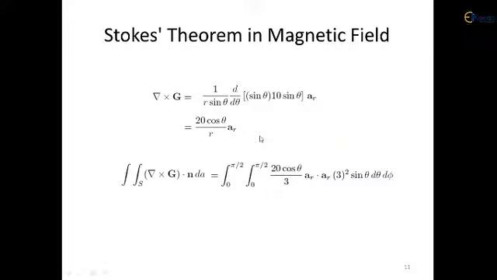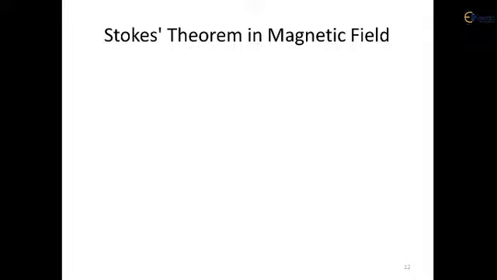This value also gives the solution that it is equal to 15 pi. So here we are tallying the answer. We have the solution after evaluating both sides of the Stokes theorem for the given vector field capital G. Both sides are yielding the same value, that is 15 pi.